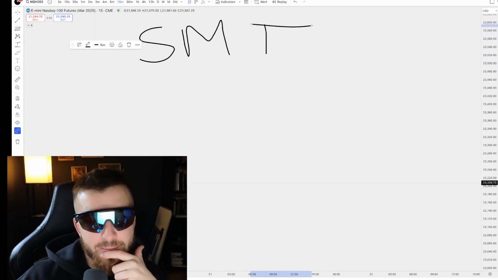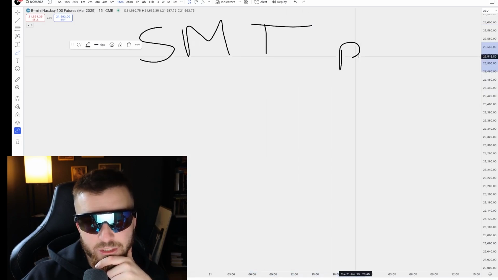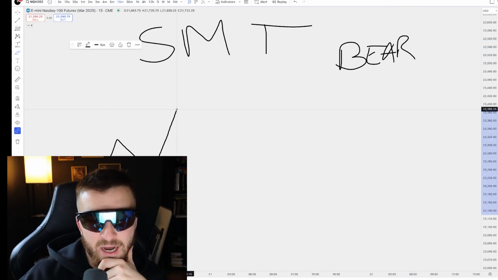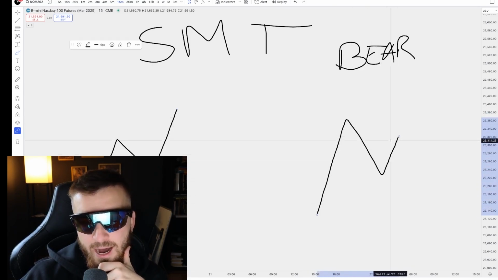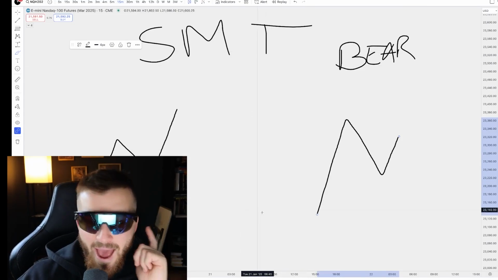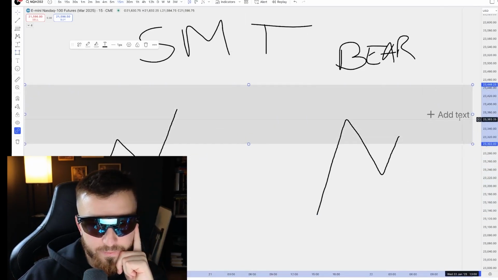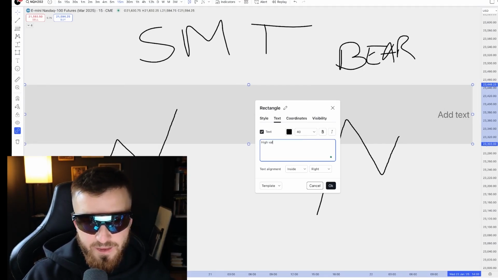SMT is basically when we are bearish, and one pair has formed a higher high while another pair has failed to form a higher high. And at this point, we are at a high value area.